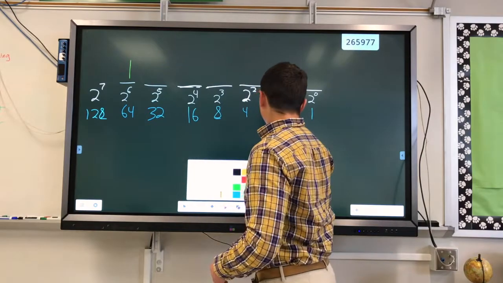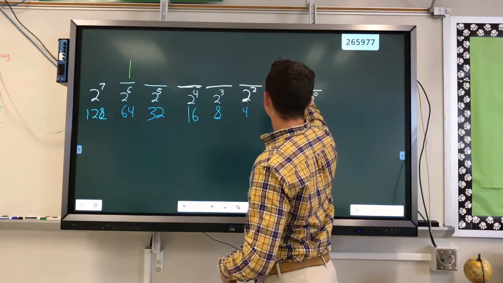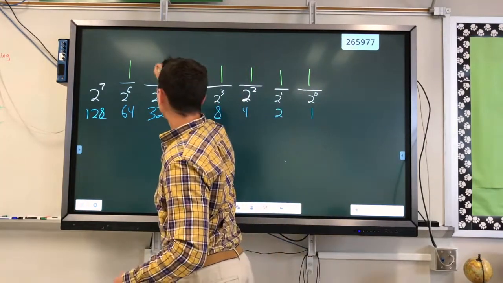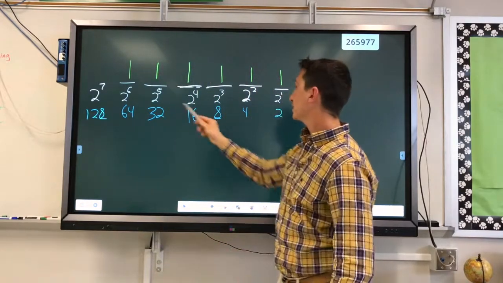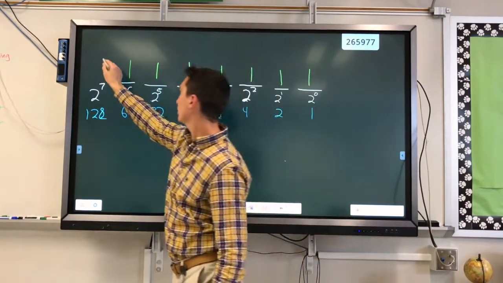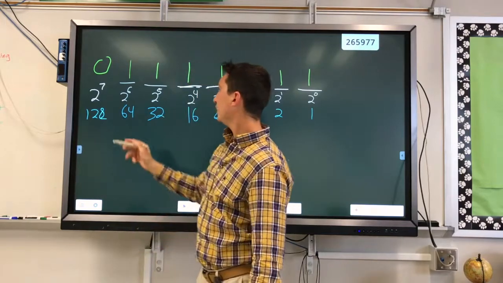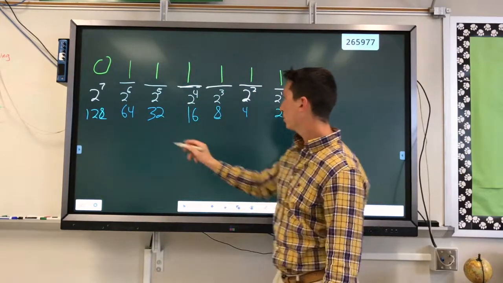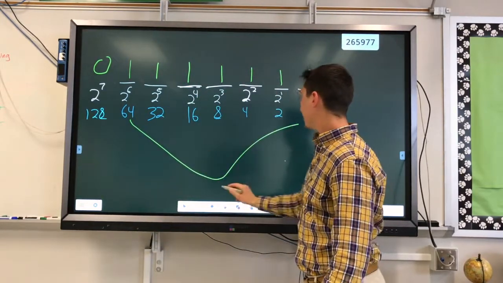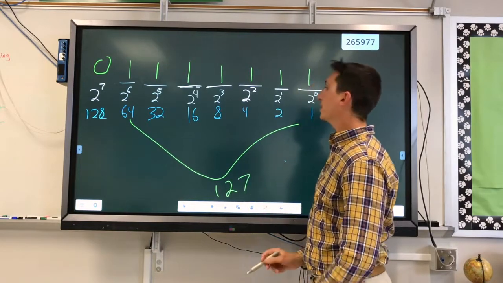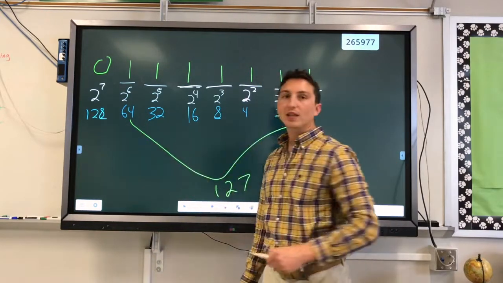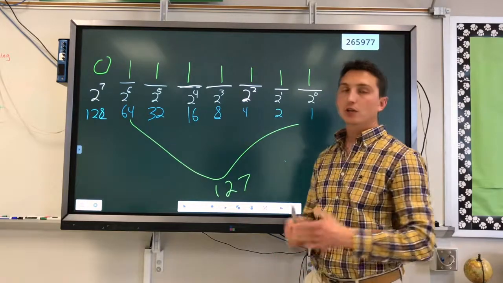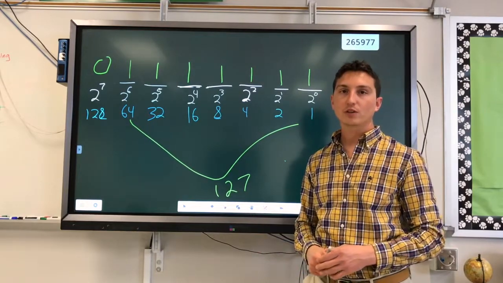Right? So I know that saying this is going to be a 0 here, these are all going to be equal to 127. I know that because it's going to have to be 1 less than 128. Right? So that was one little principle to understand with the numbers.